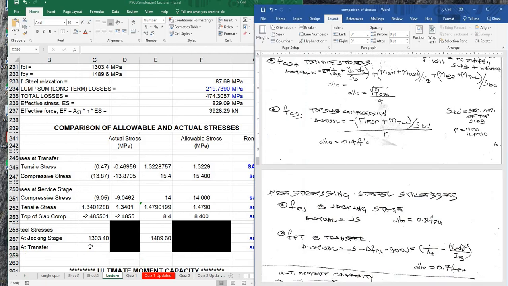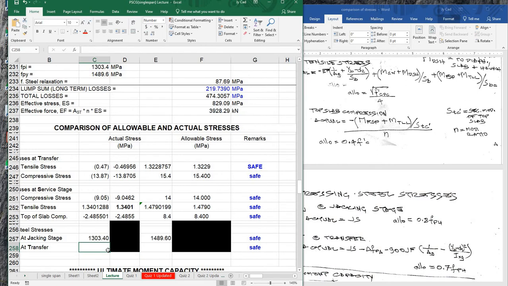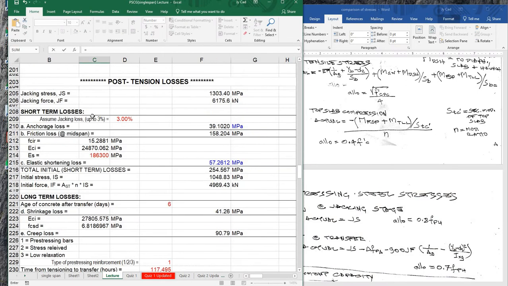And then, dito na tayo ngayon sa at transfer. So, this is jacking stress equal to JS, this one, this is megapascal already, minus delta FPA. This is anchorage loss, okay, which is 39.1020.